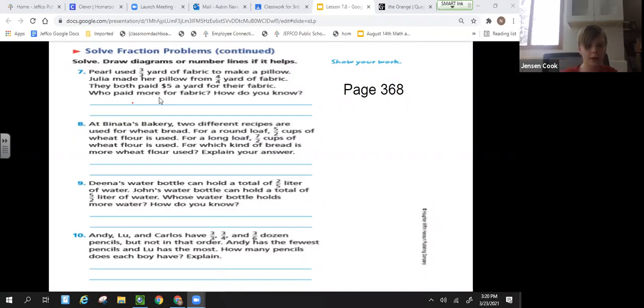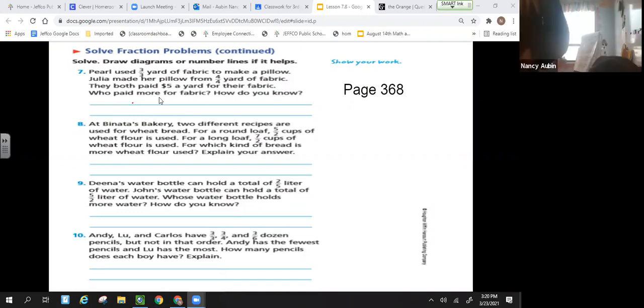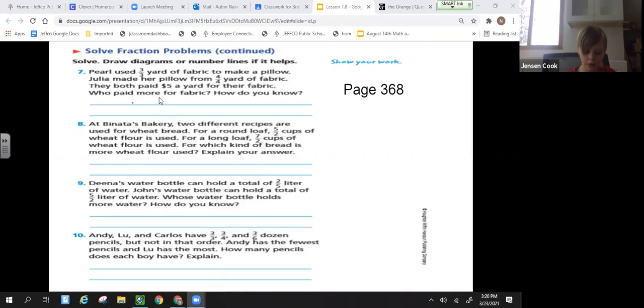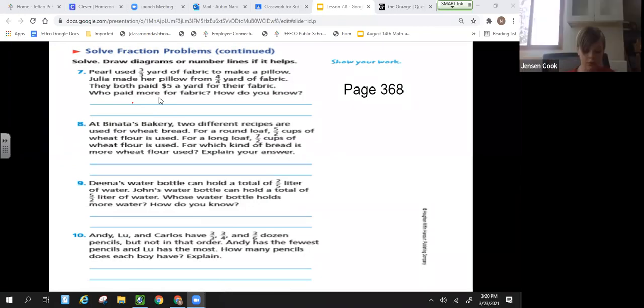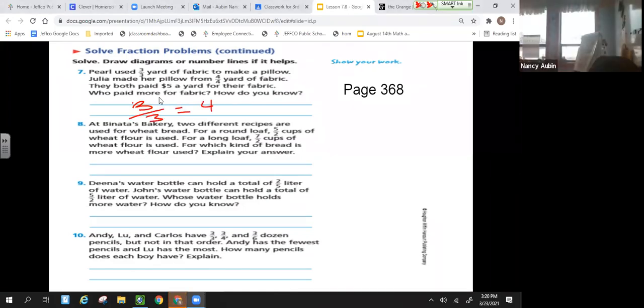We got 4/4. Okay, what do you mean we got 4/4? The question is, who paid more for fabric? Julia. Really? 3/3 and 4/4? Did you compare those? I don't think you did your work, Jensen.